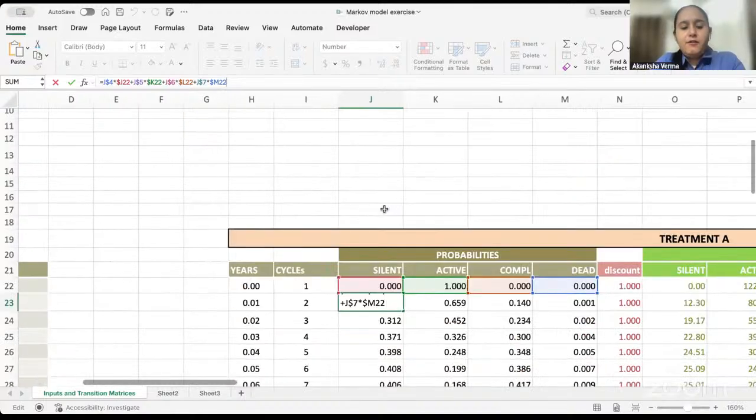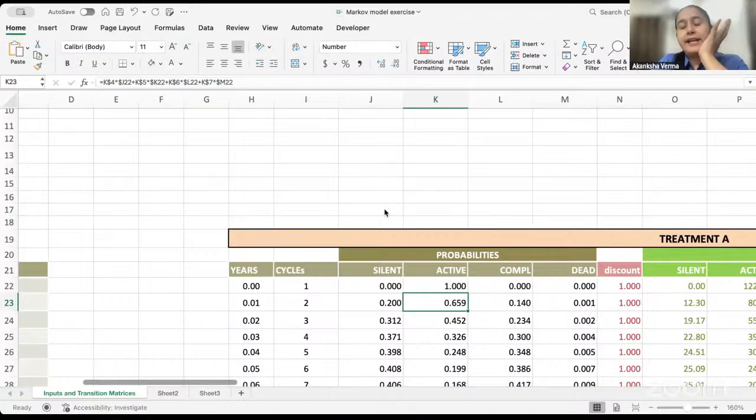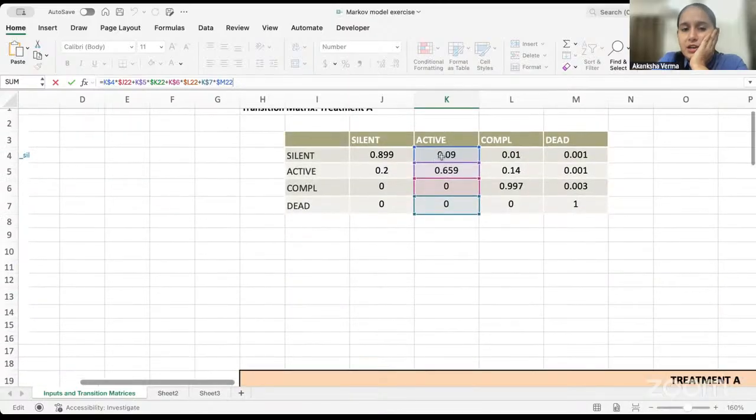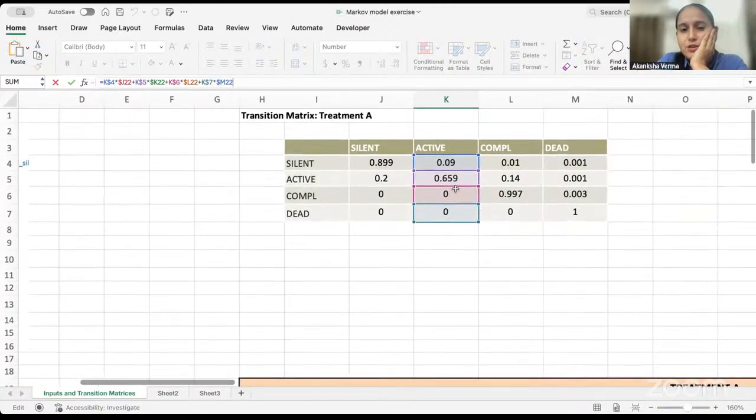Then for the second row, second column, you do the same thing. You multiply the number of patients in the previous year in each health state with the transition probabilities. So the number of patients coming into the active health state from silent, from active, from complication, and from death.